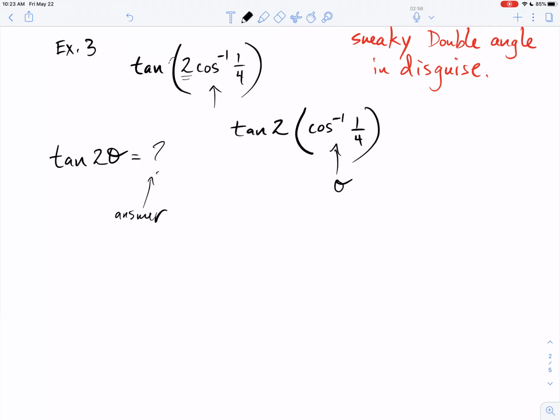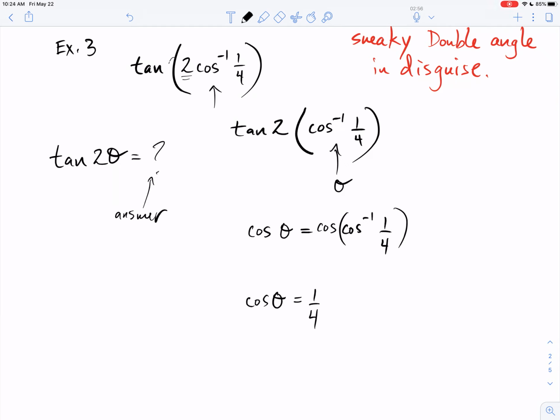Well, let's begin. I am going to write a statement that says theta equals cosine inverse 1/4. I'm going to then go cosine on this side, cosine on that side, which means the cosine of this angle theta is going to equal 1/4.